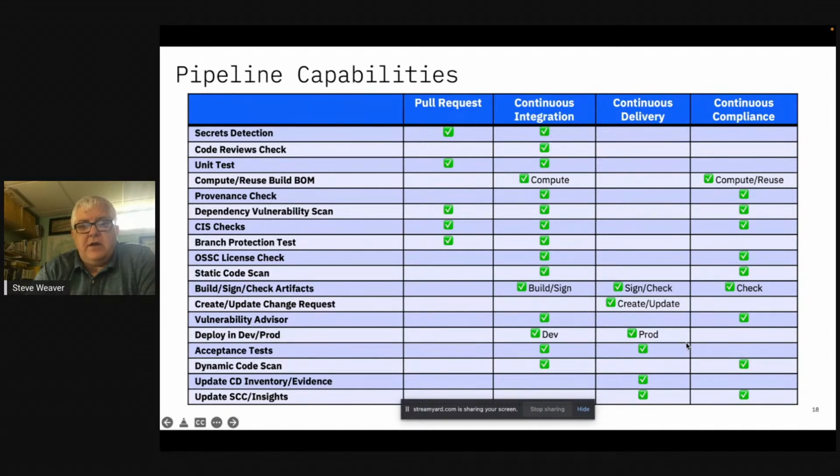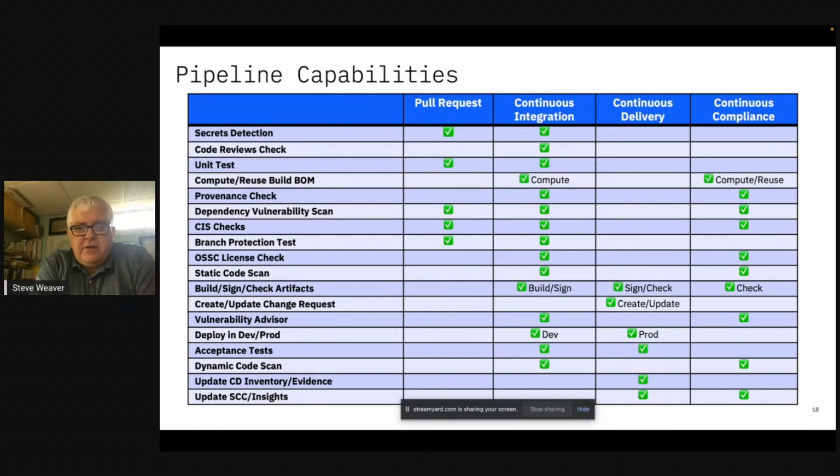Continuous delivery again does similar things, from a dynamic perspective in terms of acceptance tests and so on, and updating the evidence repositories. And then compliance runs a subset of those too on the running application. So we are very careful to choose exactly which tests and checks are appropriate at each step along the way.